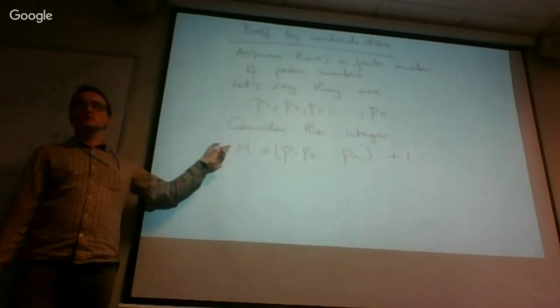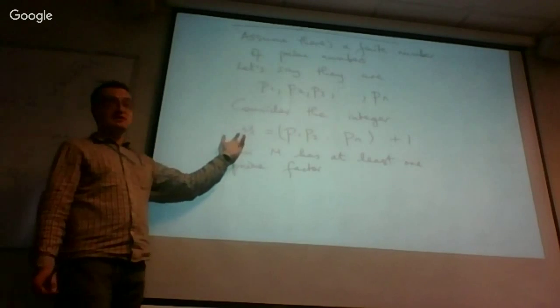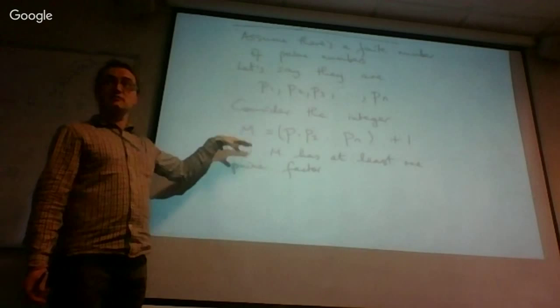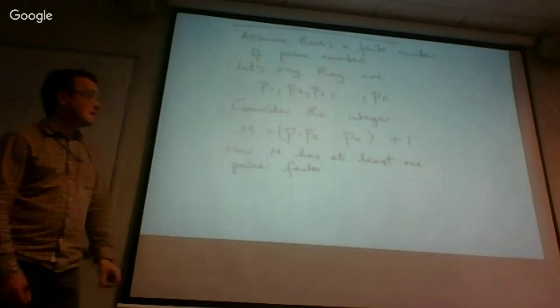So must this integer N. And N has at least one prime factor. It must do. Maybe it's a prime itself, but if it's not a prime, you keep dividing it by factors, and eventually you reach an irreducible factor. You reach a prime number that divides it. So it's got at least one prime factor.